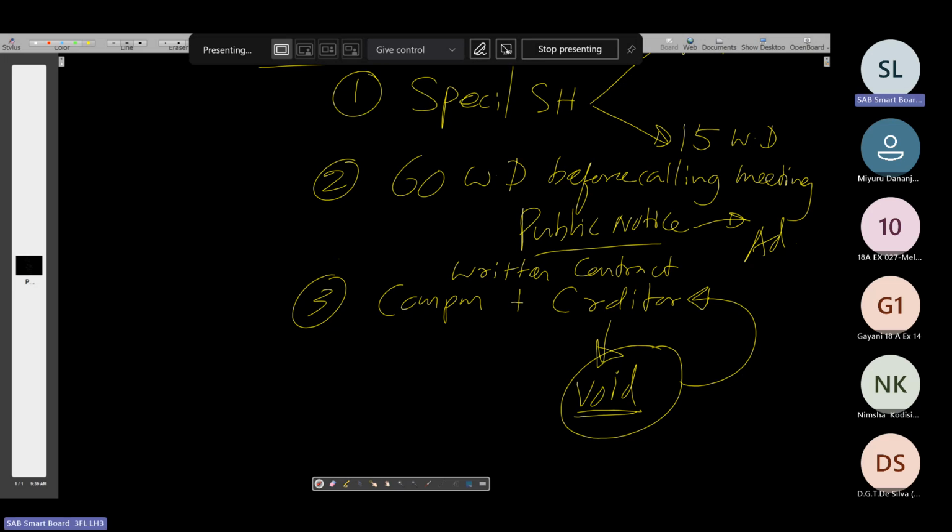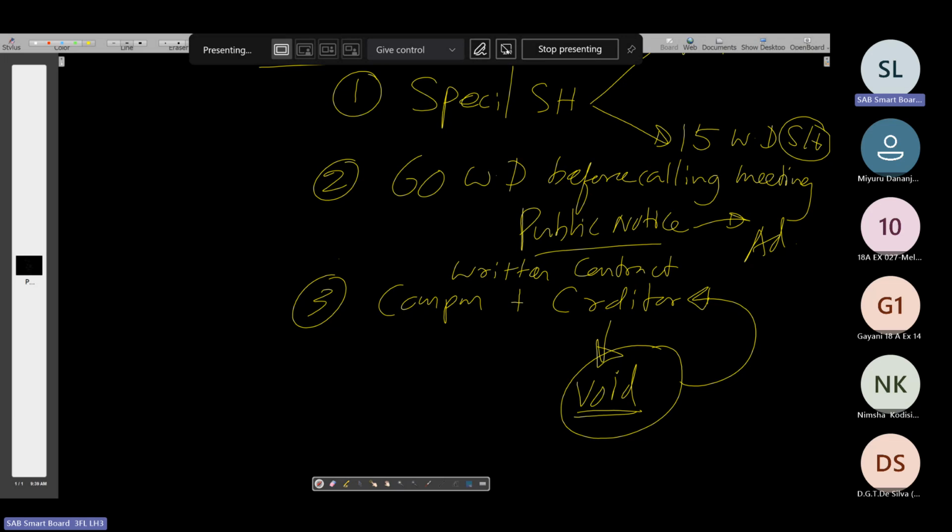Basically we can identify 3 steps to be taken. A special resolution is to be passed. Not less than 15 working days' notice is to be given to every shareholder. And public notice is to be given by publishing an advertisement in the newspaper.